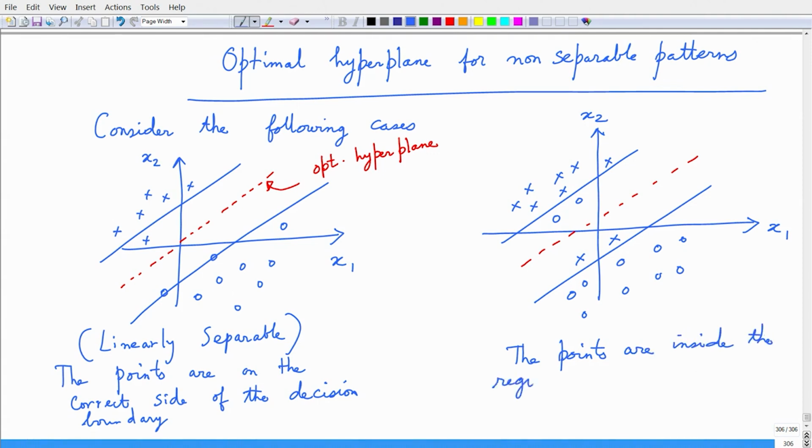They are inside the region of separation, but on the incorrect side. So, I would probably mark these as some of the points.